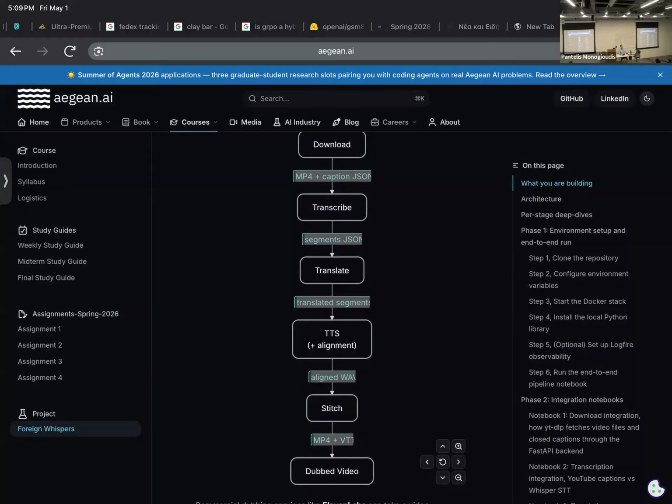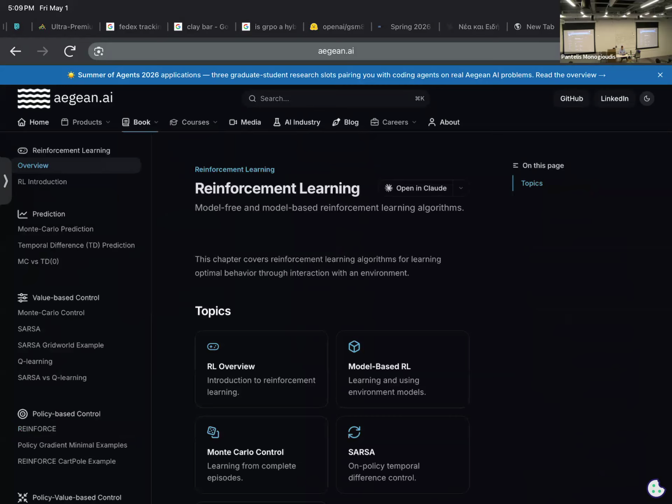So we will then move on to what we will do today. Today, the plan is still to go through reinforcement learning. Obviously, there are sections on this page that I'm not going through in this course, so not everything will be covered.